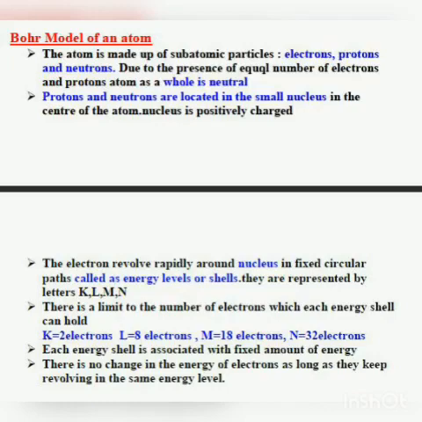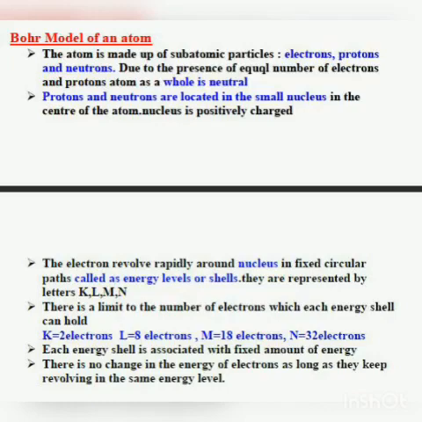Now the next point: the electrons revolve rapidly around the nucleus in fixed circular paths called energy levels or shells. I told you the nucleus is in the center. Electrons revolve around the nucleus in a fixed path, and only in that path do they revolve.